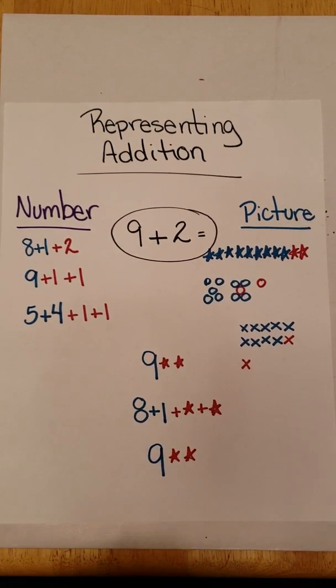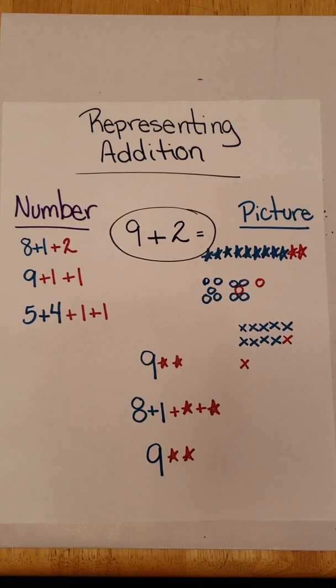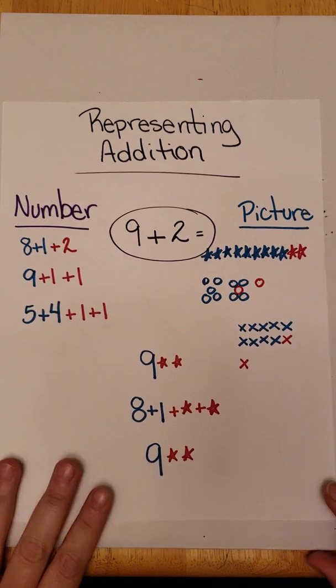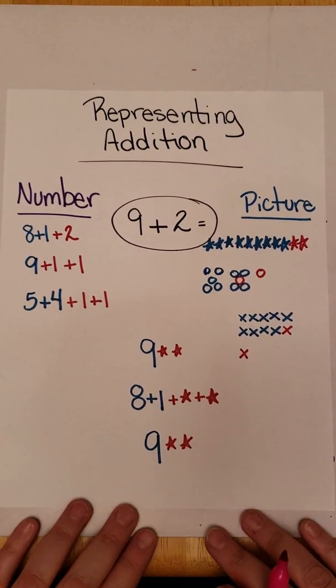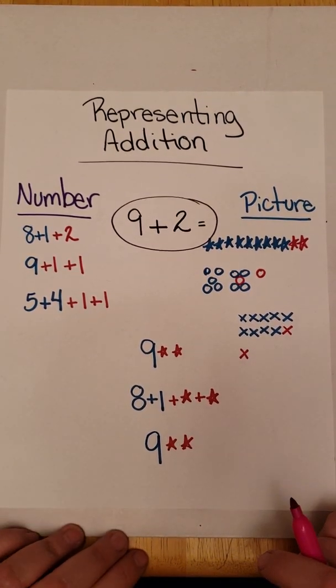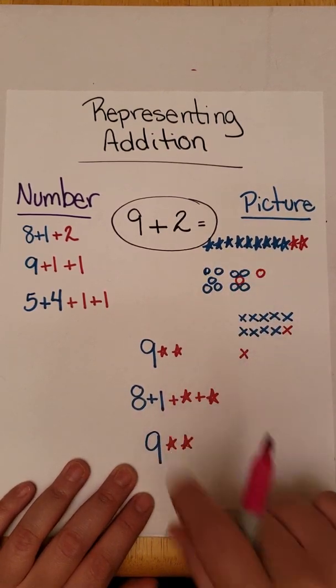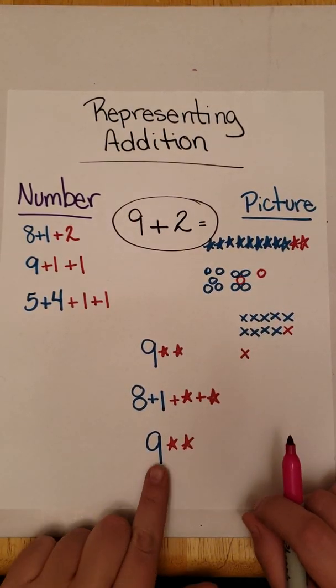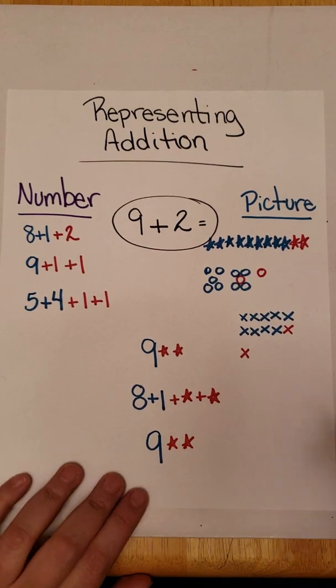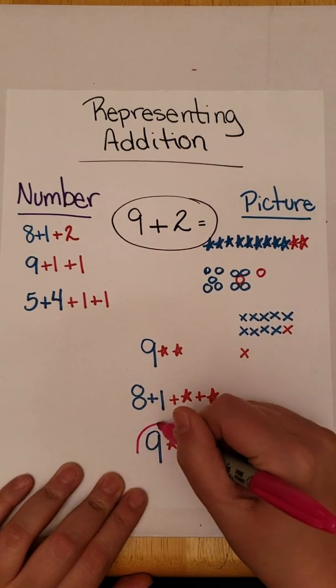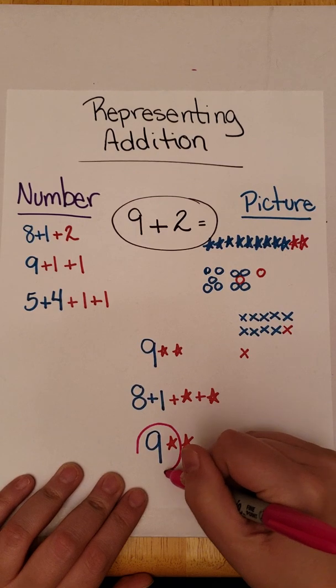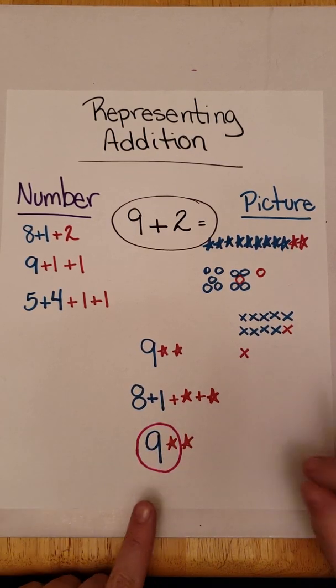So if I have 9 and then 2 extra things, I'm going to add one more way of showing a grouping that's going to be the next step that I might be able to use when I start solving with my representations. If I have 9 and 2 more, I'm going to add one nice circle to my model.